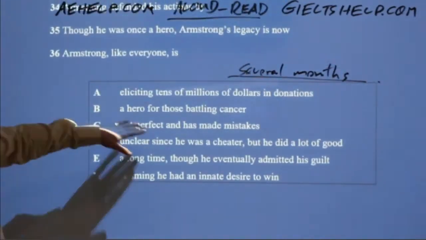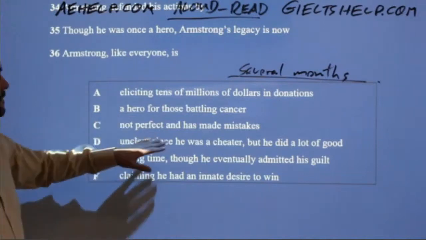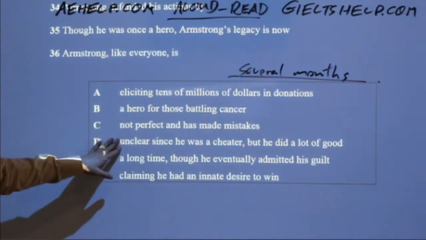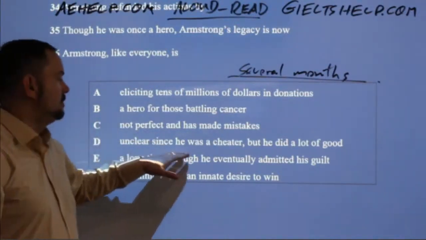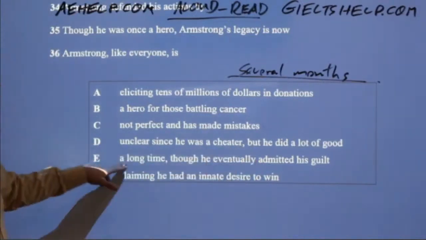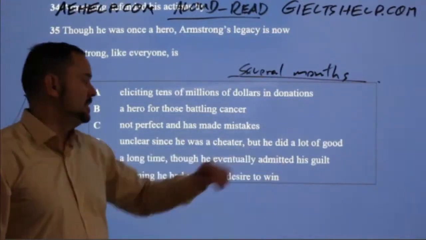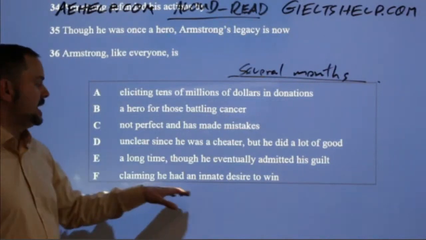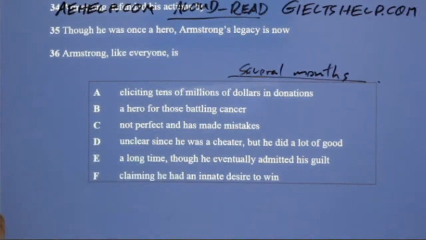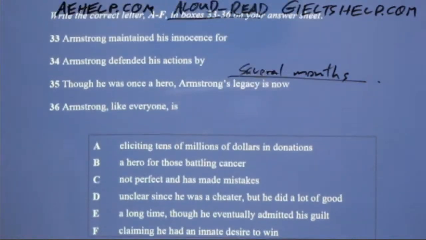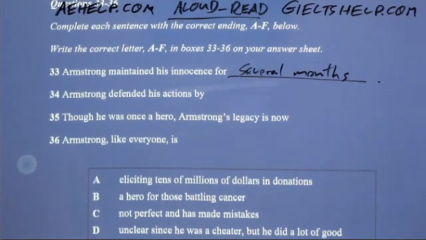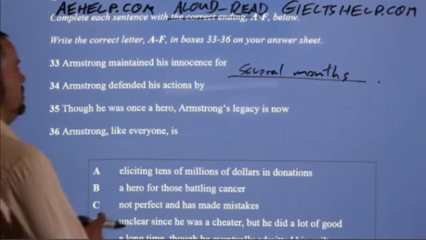Eliciting tens of millions, a hero for those battling cancer, not perfect, unclear, he was a cheater, a long time, though he eventually admitted his guilt, claiming he had an innate desire to win. So which one do you think is the best answer here? E, yeah, I would say several months. It's a long time to keep saying that I didn't do it, and then finally breaking and admitting the truth. So here you would put E.